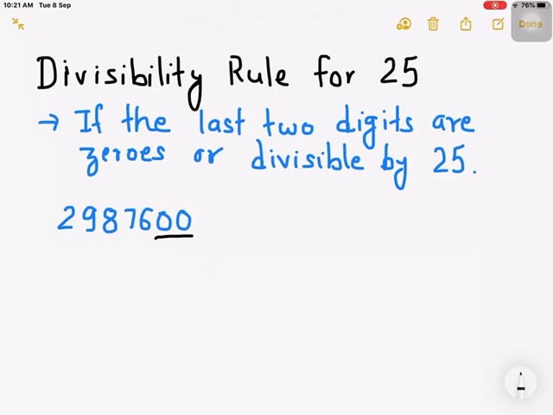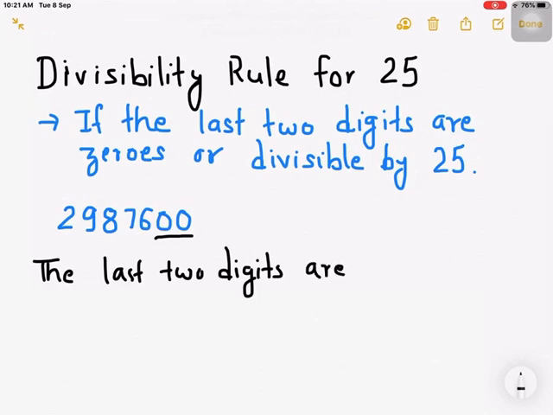We can say directly here, we do not need to do any calculation. So the last two digits are 0, 0.